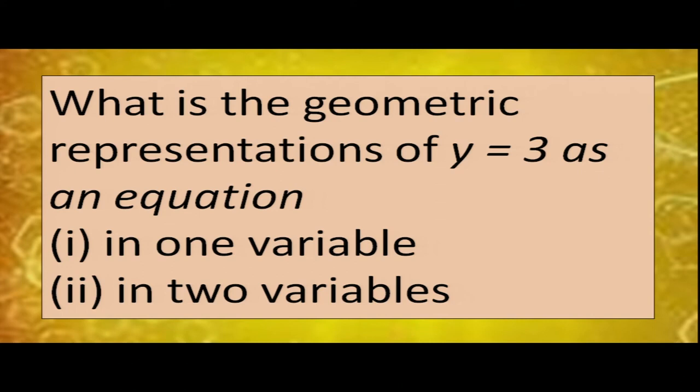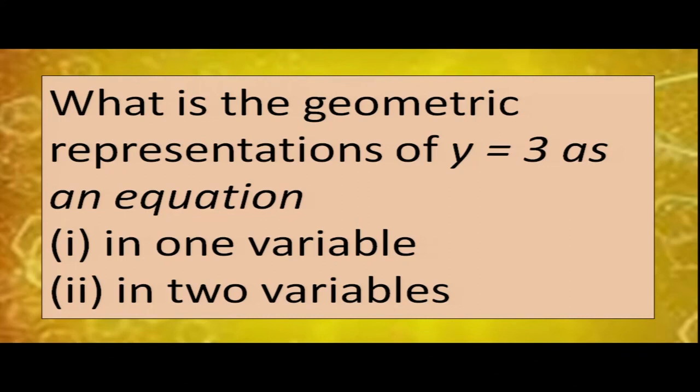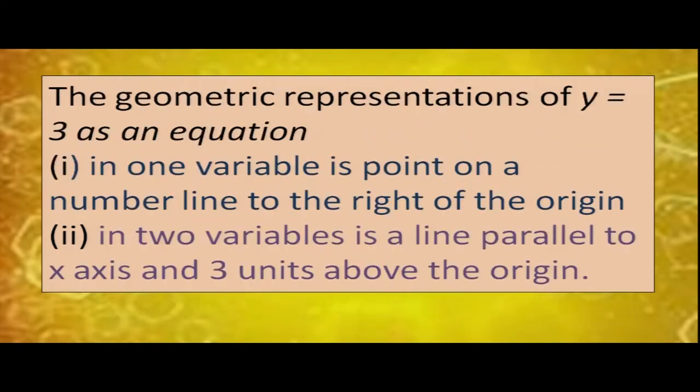If we consider this as an equation in one variable, as we learnt today, it has a unique solution, y = 3, and the geometrical representation means the graph. The graph of this can be a point on a number line, and in two variables this is a line parallel to the x-axis and 3 units above the origin, as y = 3.